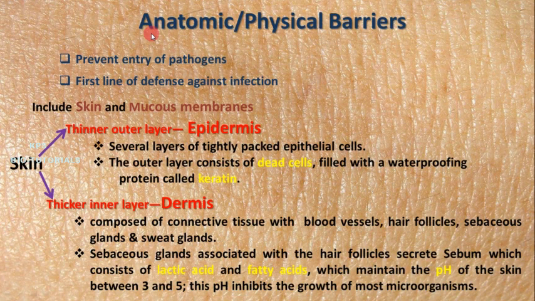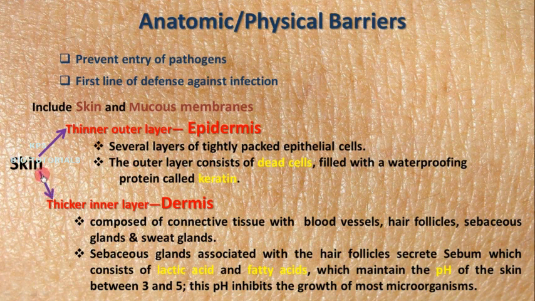First, we can discuss anatomic or physical barriers. They physically prevent the entry of pathogens into our body, and they are the first line of defense against infections. These anatomic or physical barriers include skin and mucous membranes.